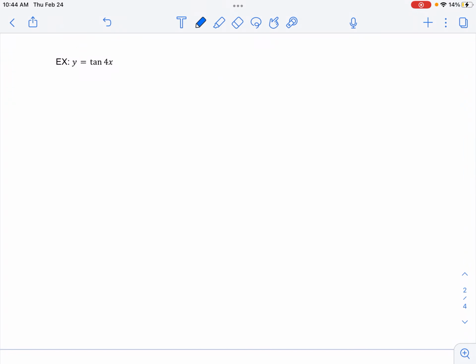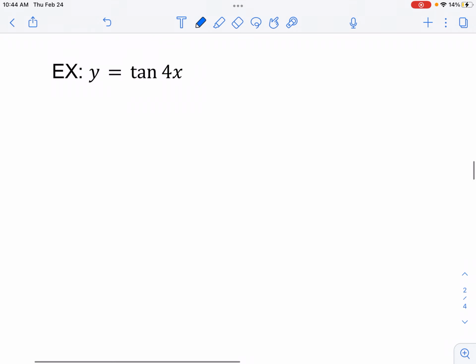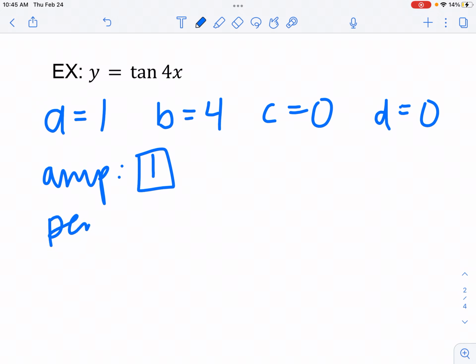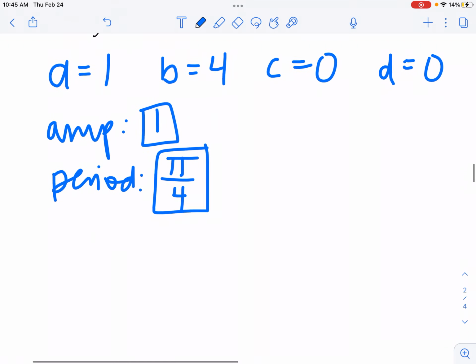And feel free to pause the video. Maybe try this on your own, see how that goes. I'm going to go ahead and start to find A is 1, B is 4, C is 0, D is 0. Amplitude is 1. Period is pi divided by B, which is 4.